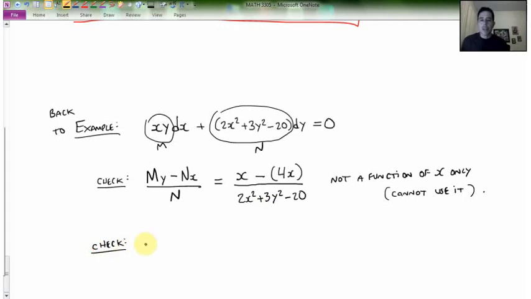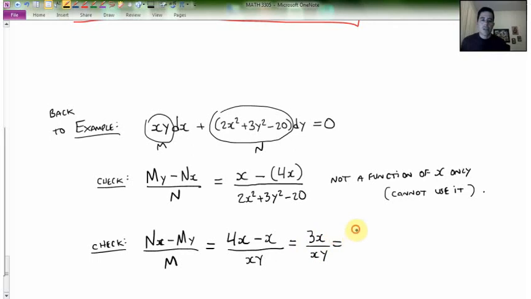Now let's check case number 2. Hopefully it will work. Case number 2 is (nx minus my) divided by m. So nx is 4x, the derivative with respect to x, minus the derivative with respect to y, divided by m. M is xy. So this is 3x over xy, which is 3 over y. There we go.